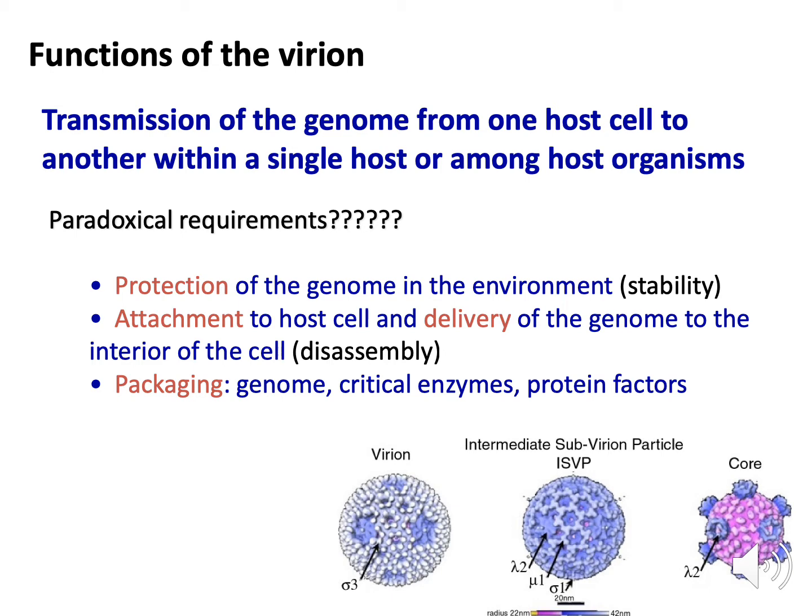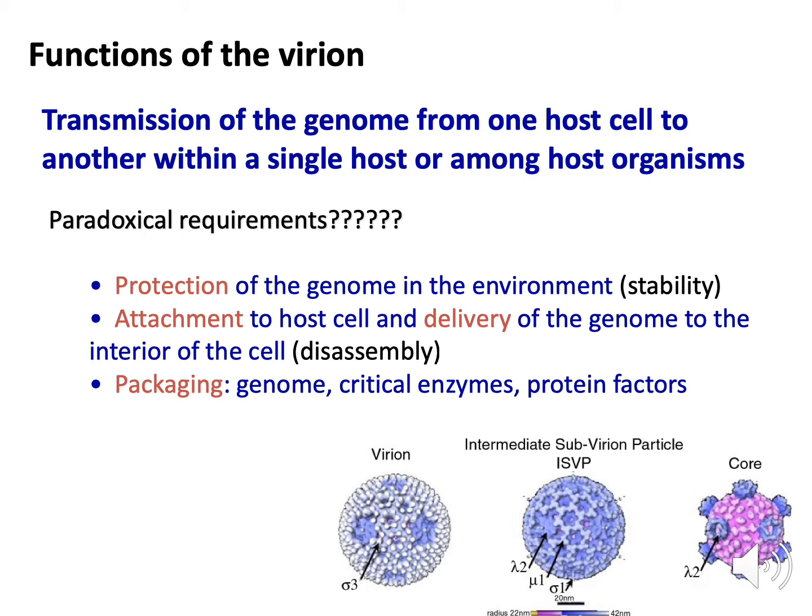On the one hand, the virion has to protect the genome out in the environment. Think of environments such as sewage through which viruses get transmitted. But on the other hand, when the virus attaches to a host cell that has the appropriate receptors, the virus needs to then disassemble and deliver the genome to the interior of the cell.